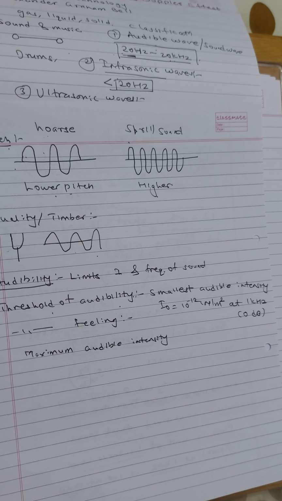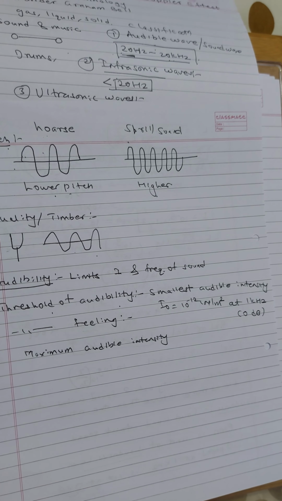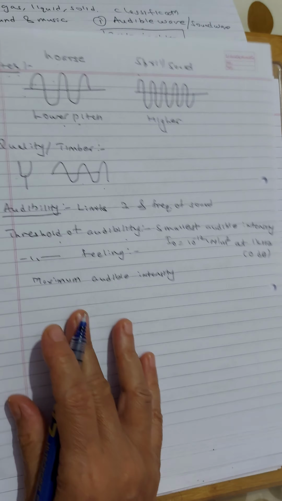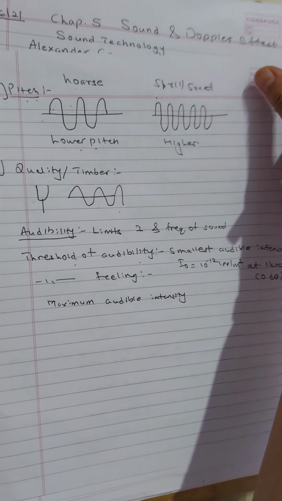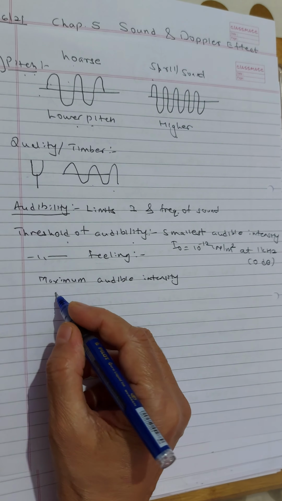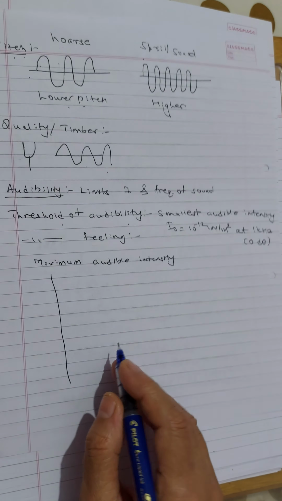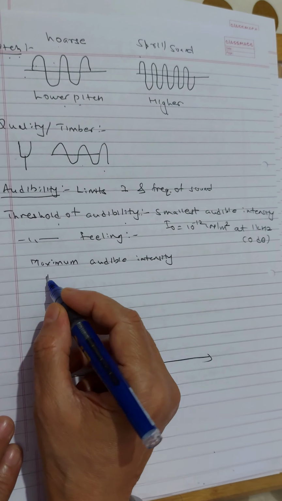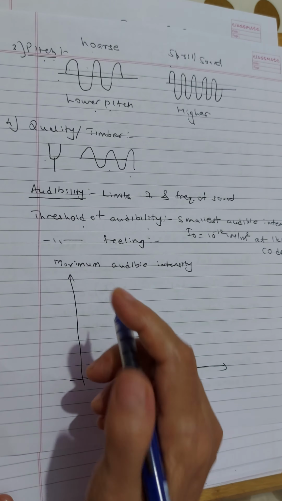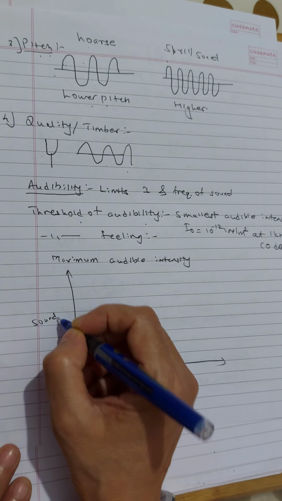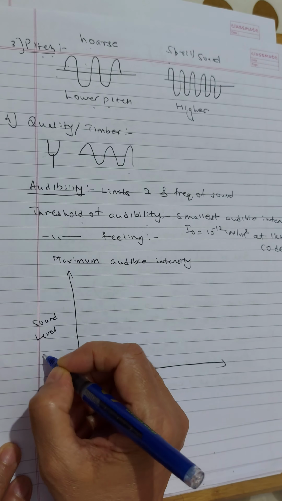Now we can show an audibility curve also. Here I'll show the curve and then we will stop. So suppose here I show the audibility curve. For that I'll have to take x-axis and y-axis. On the axis I have the sound level in dB.